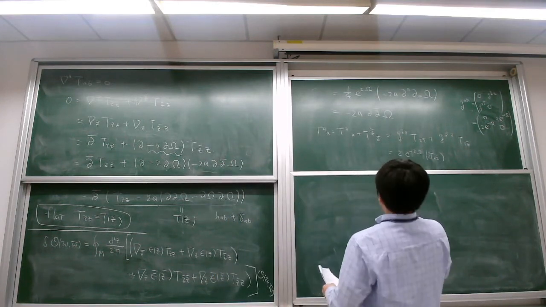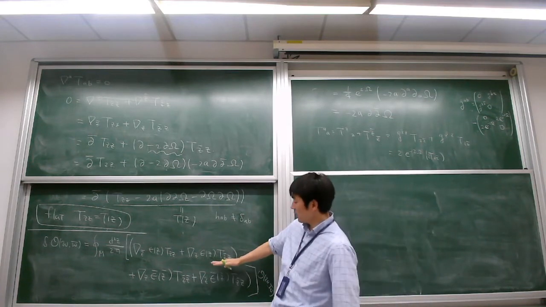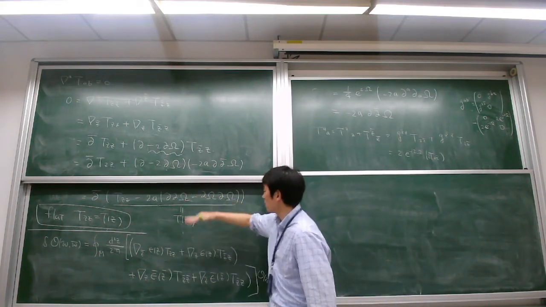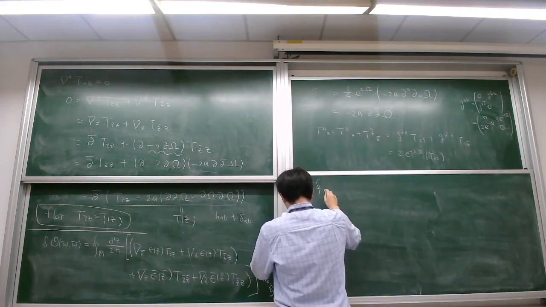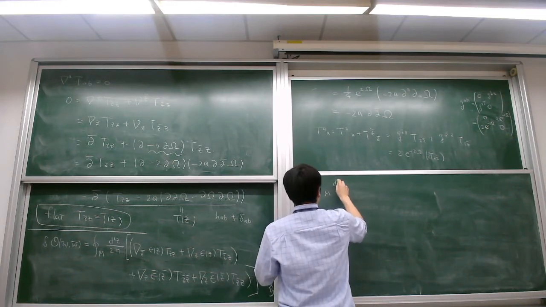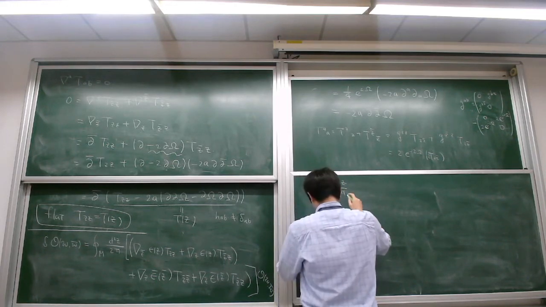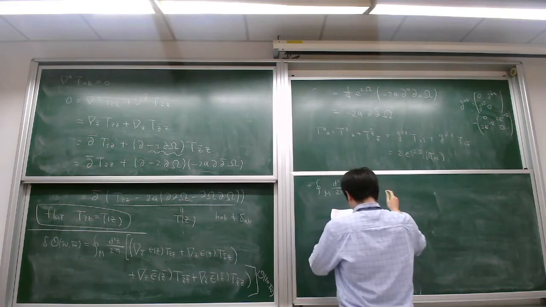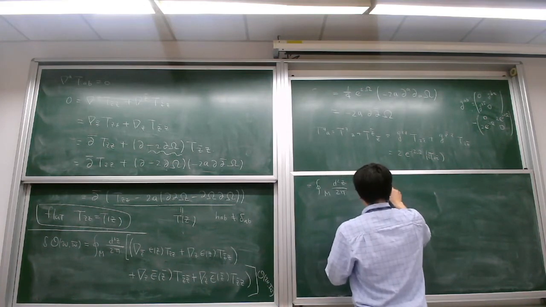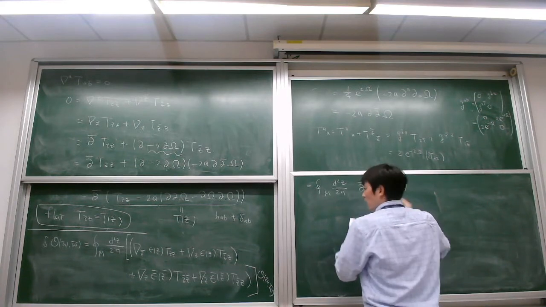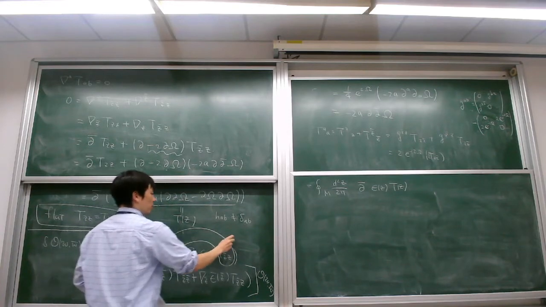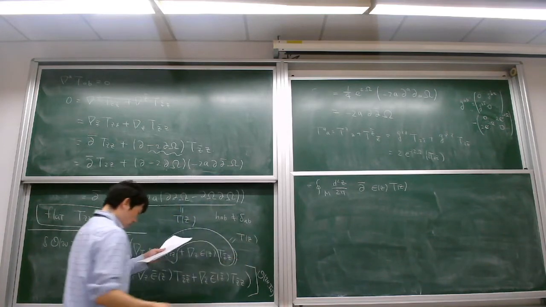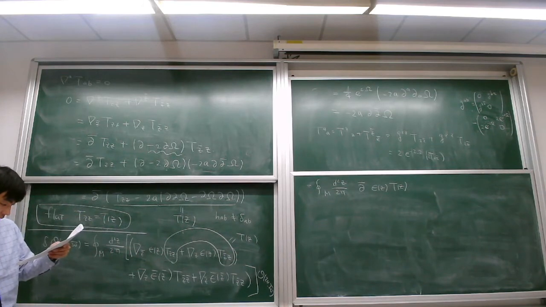Oh my goodness, I already erased it. So we plug this quantity and this quantity by using this one and that one. And then this is equal to the holomorphic derivative acting on T. Essentially, this part will give you T. As far as I remember... this is not the case.